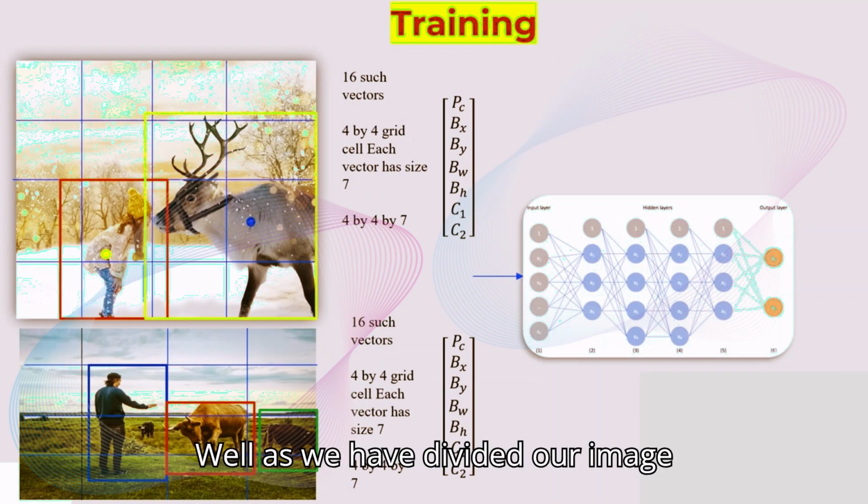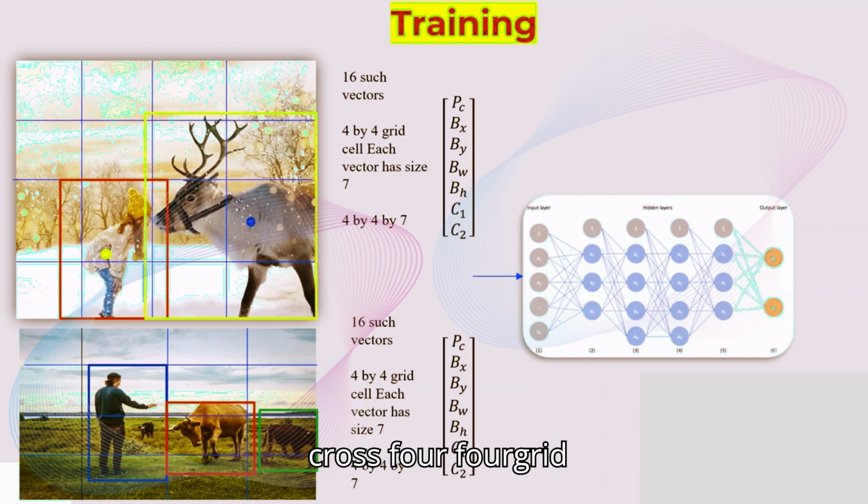As we have divided our image into 4 by 4 grid cells, we have a total of 16 grid cells in a single image, 1, 2, 3, up to 16. For each grid cell, we have a vector, so we have 16 such vectors, and each vector length is 7.